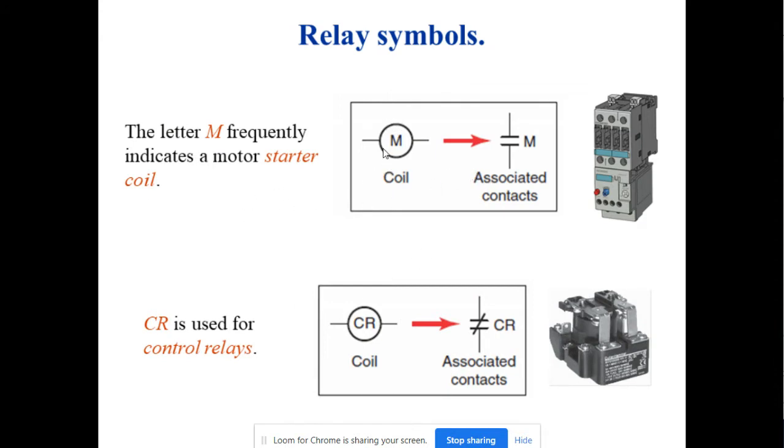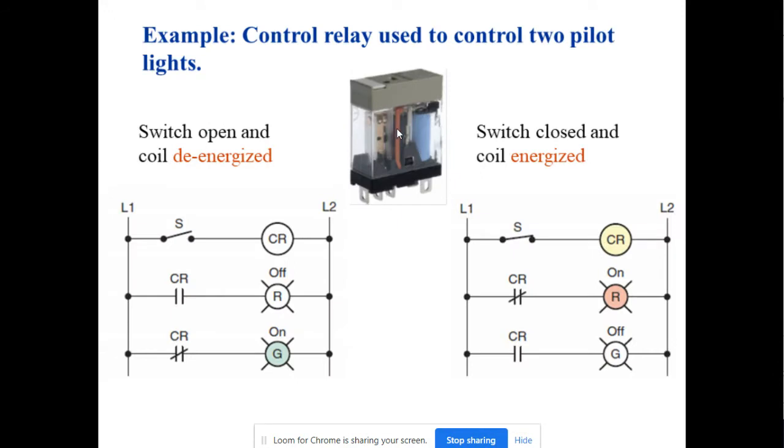This is the coil for the motor. You use M, or for a control relay, you can use CR. So these are the common symbols that you can find from Google or other sources. This is an example of controlling two pilot lights.